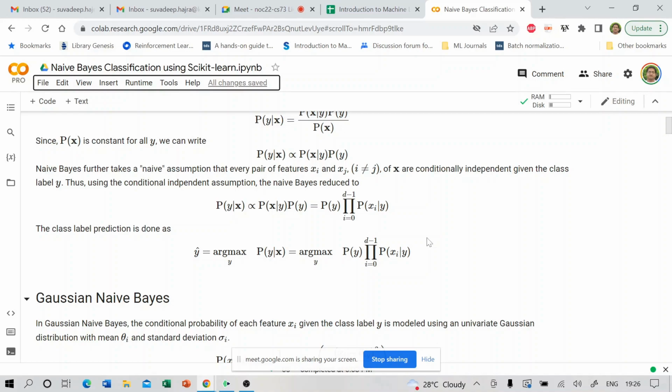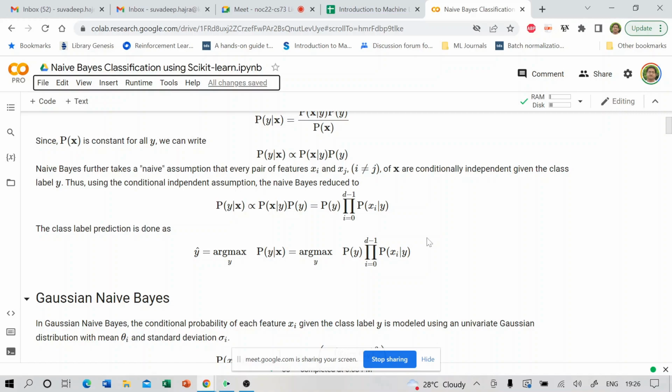Okay, so now I'm coming to the examples. For performing Gaussian naive Bayes, you can use this module, GaussianNB. First I am importing the modules, and then I am generating some sample data.